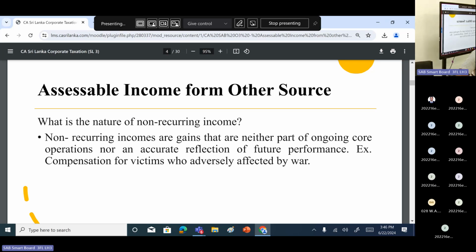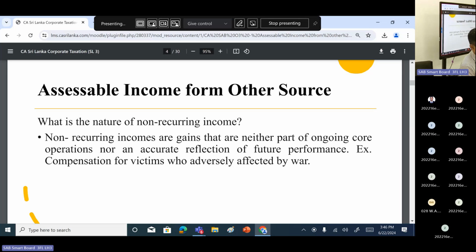The business income is also the same. What we need to consider is very clearly mentioned, and investment income is also the same. Other than casual and non-recurring income, we should have other income. I did not see any past papers on it.